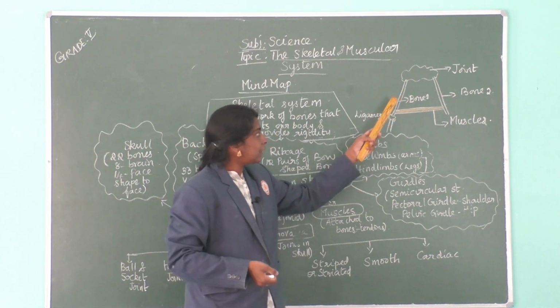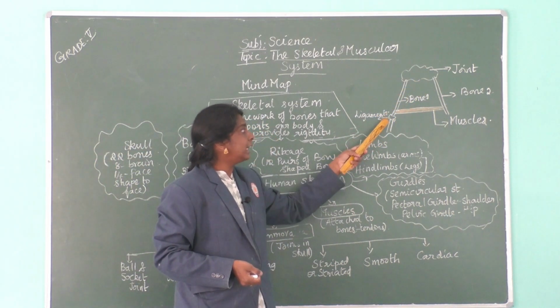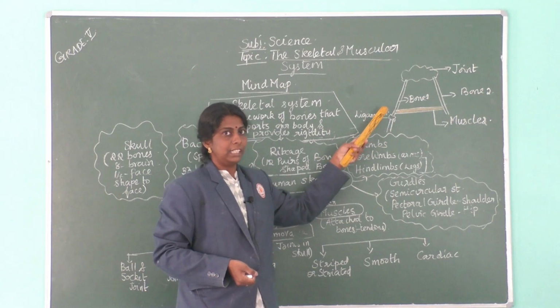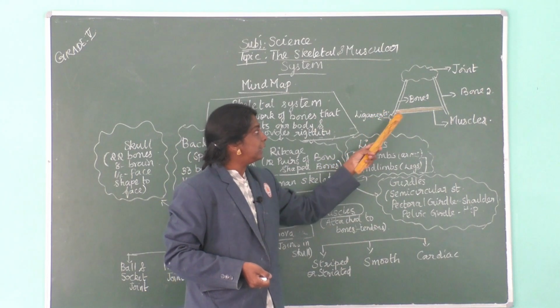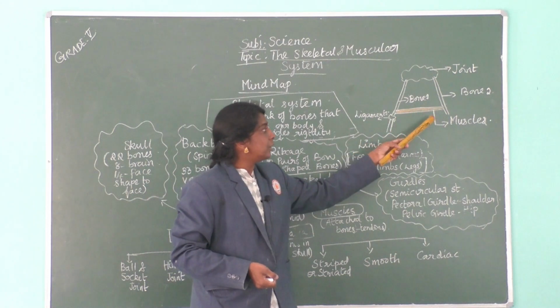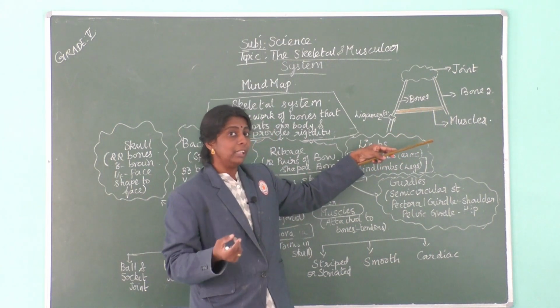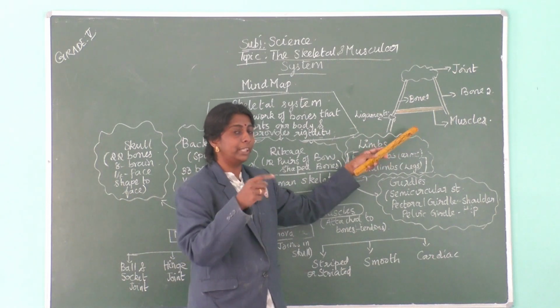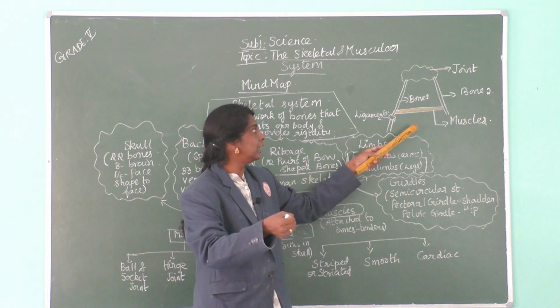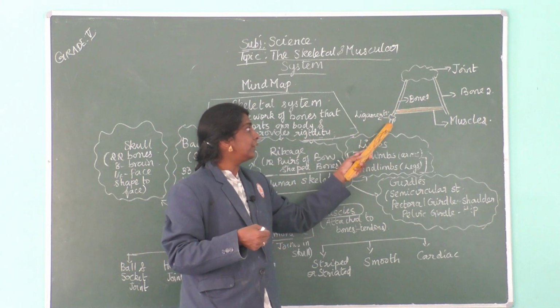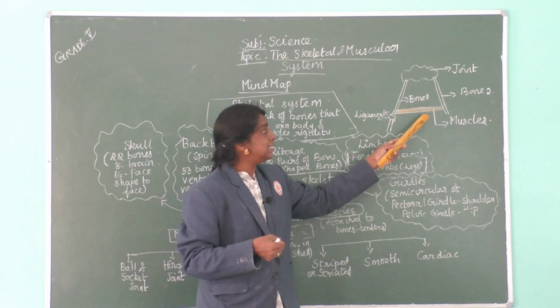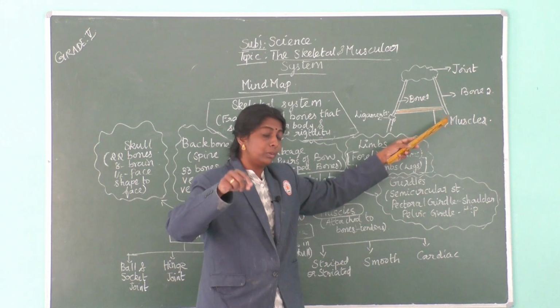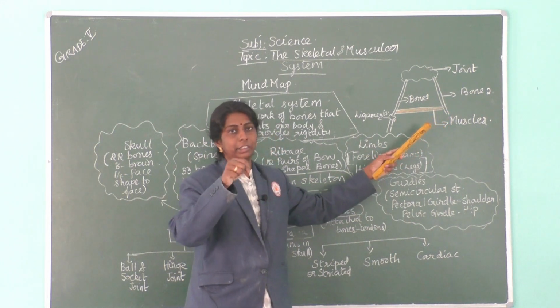And here, 2 bones are joined together by ligaments. And in between bones, muscles are used to join with bones. Can you understand? Muscles and bones join together to give the rigid framework. Muscles join to the bone with the help of tendon tissues.